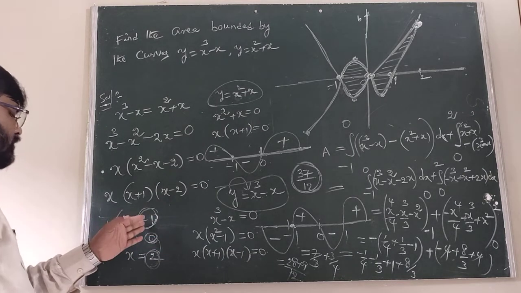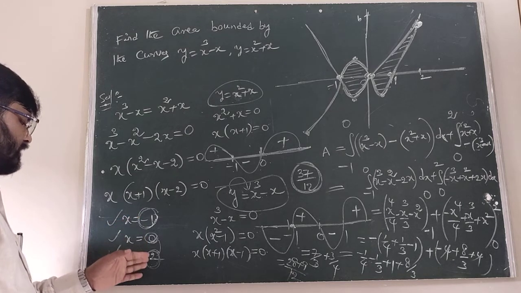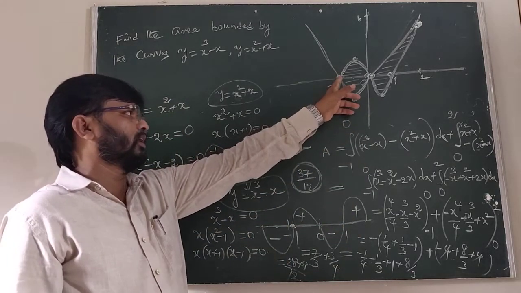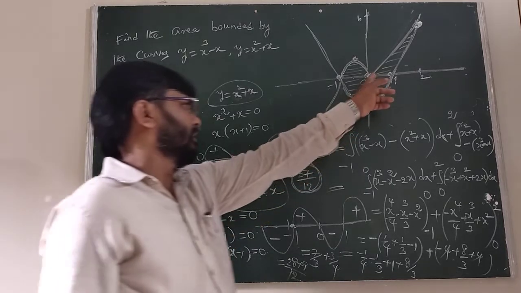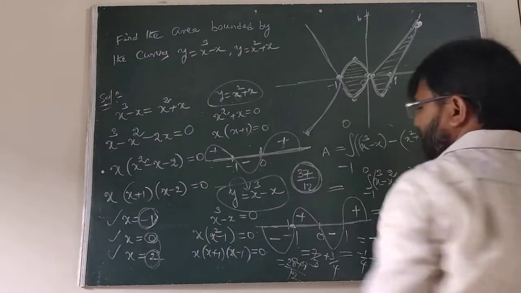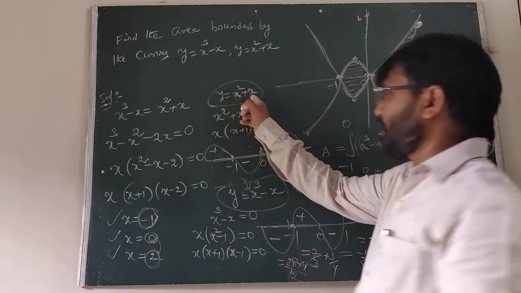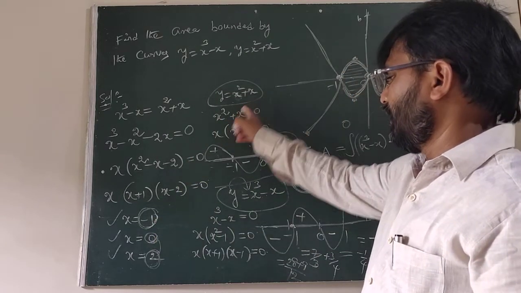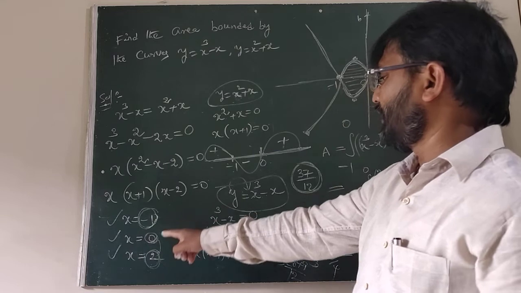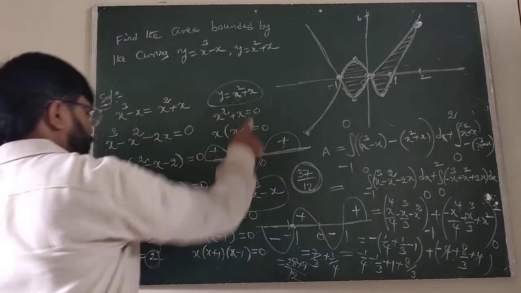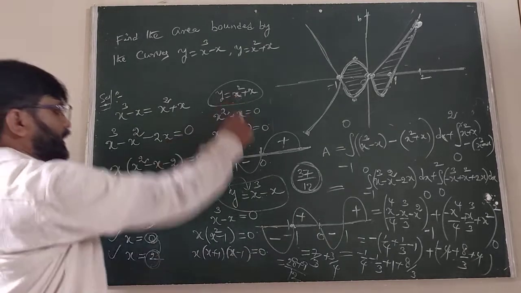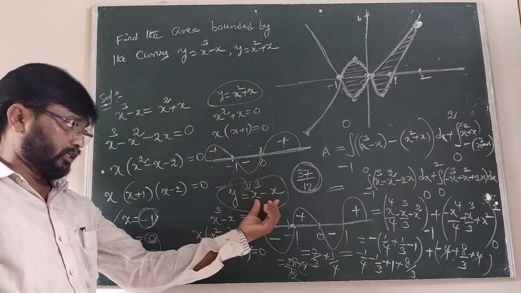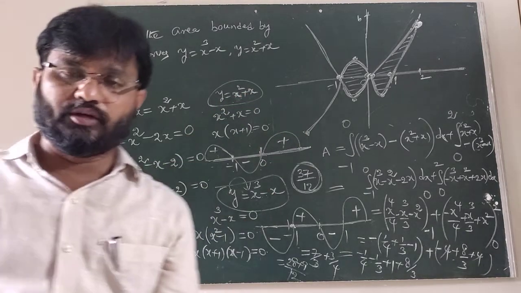At x equal to minus 1, at x equal to 0, at x equal to 2, both curves have the same value. At minus 1, they are intersecting, at 0 they intersect. At 2, both y equal to x square plus x and y equal to x cube minus x give 6. At minus 1, both are 0, at 0 both are 0, and at x equal to 2, this is 6 and this is also 6. That is also another observation. Okay students.